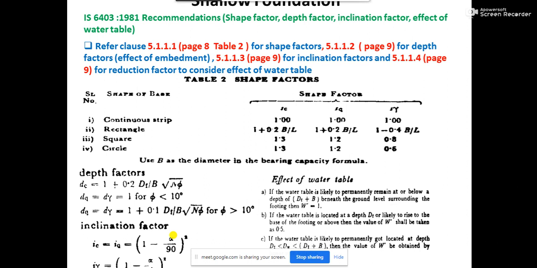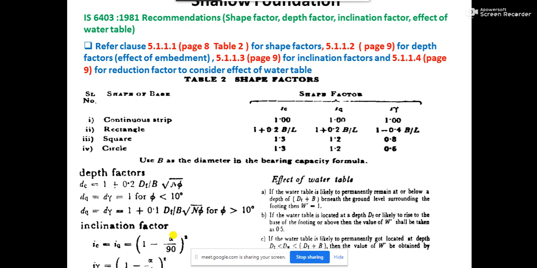Let's say with the horizontal line, the angle is given as 60 degree. That means the inclination of the load with the vertical axis of the column will be 90 minus 60, equal to 30 degree. Only this much tricky thing may come.